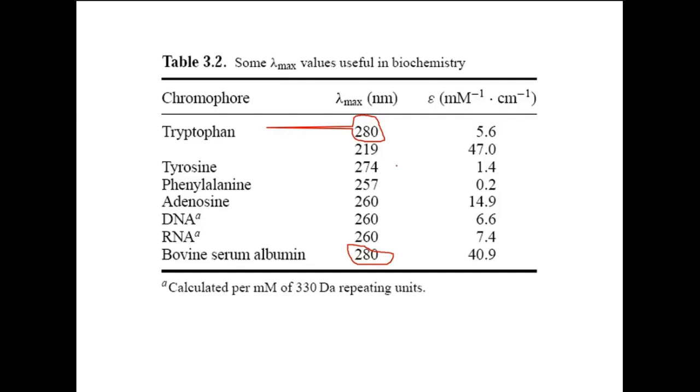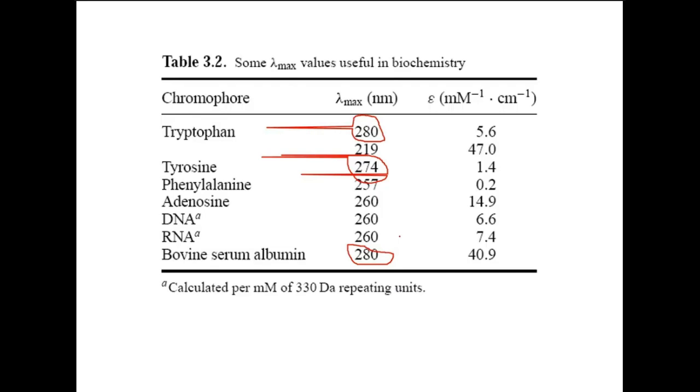On the other hand, you have another good amino acid by name tyrosine. Tyrosine is also an aromatic amino acid, but it does not absorb light at 280. The lambda max for tyrosine is only 274. Even a minor variation in the structure of a biomolecule results in absorption of a different wavelength of light.